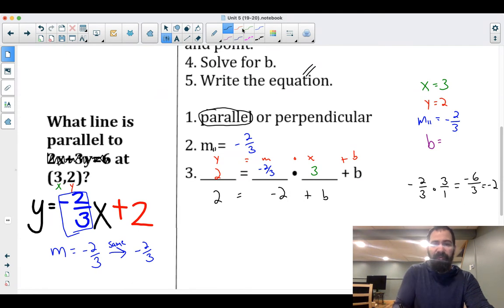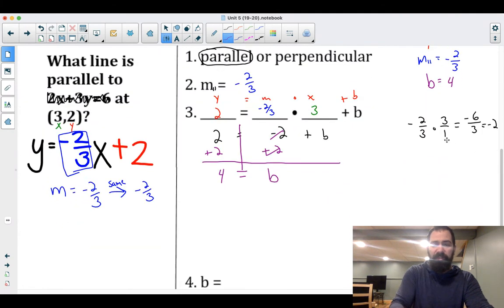Continue to simplify. We have to solve for b. 2 equals negative 2 plus b. We need to get the b by itself, so let's get rid of this negative 2. So we're going to add 2. Negative 2 plus 2 is 0. We have b equals 4.